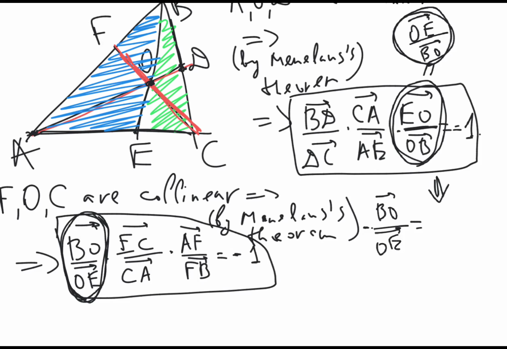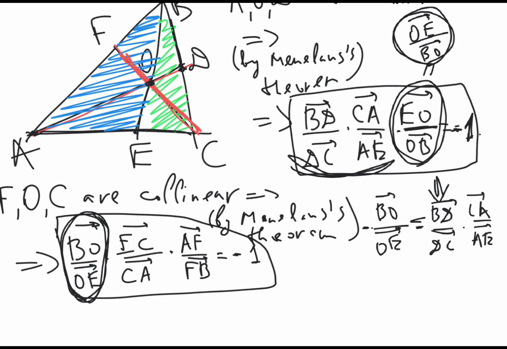From this -1 is equal to what is left on the left hand side. So BD over DC multiplied by CA over AE.